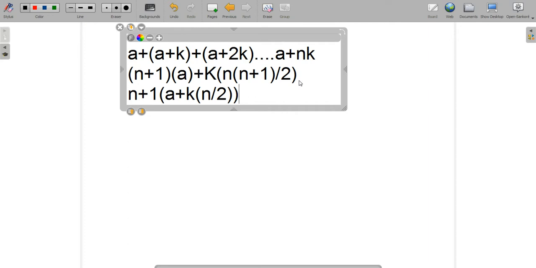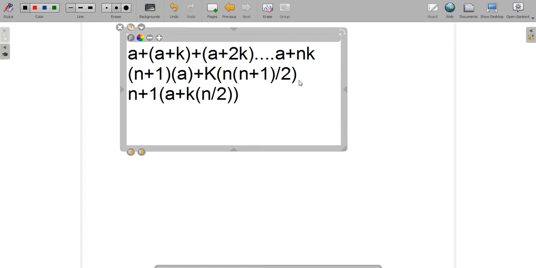But what happens if we apply the method that we got? So it's A plus NK, the first number plus the last number. So that just gives us 2A. And let's see. All we're doing is multiplying by, this is interesting.